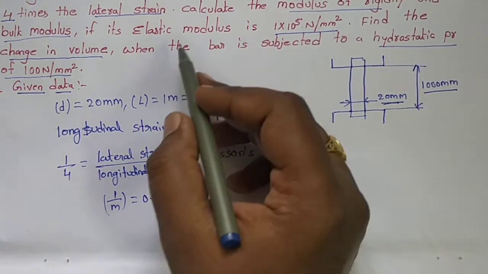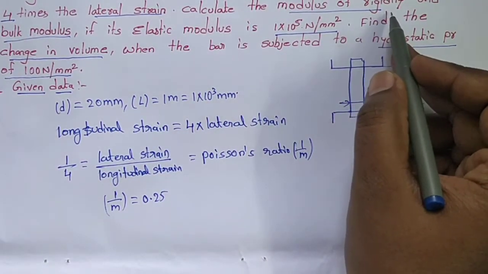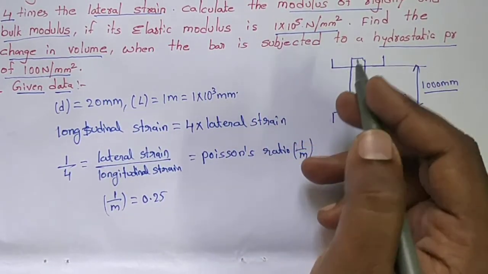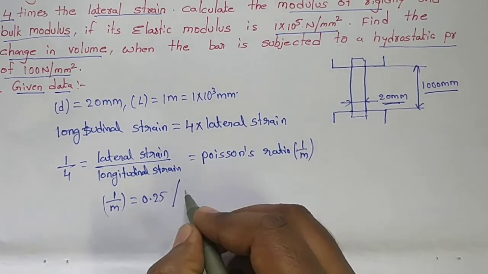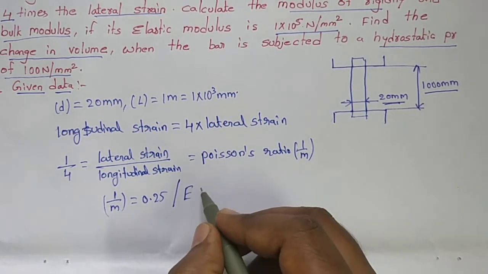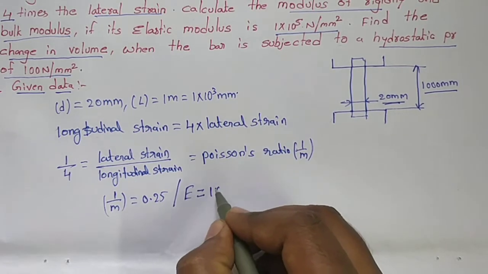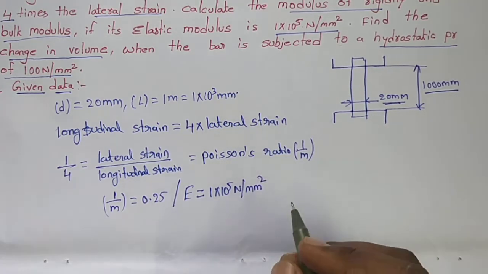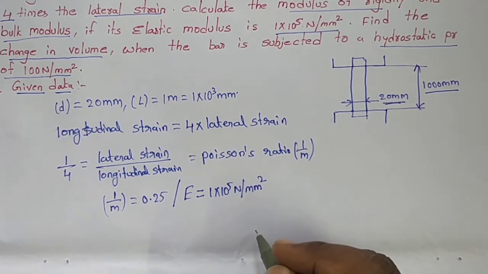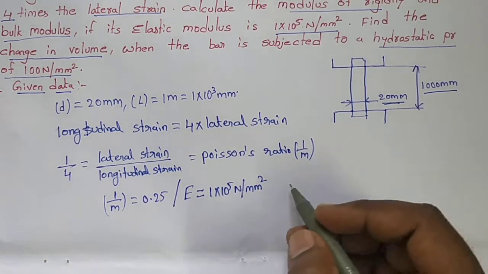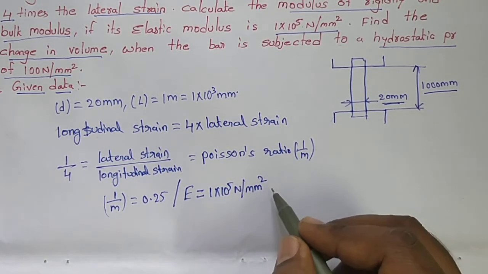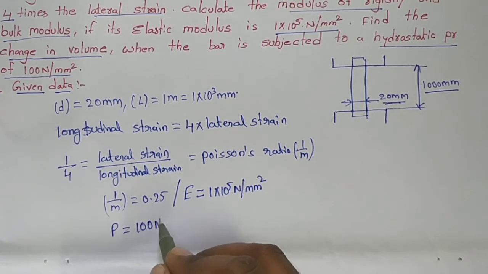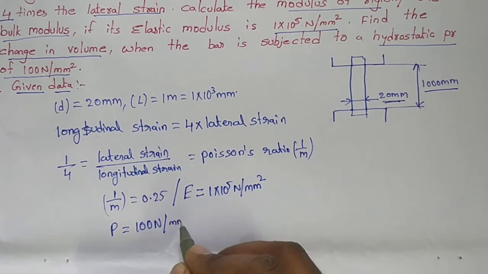Next, we need to calculate the modulus of rigidity and bulk modulus. They gave one more piece of data, that is elastic modulus, which equals 1 into 10 power 5 Newton per millimeter square. Next, the bar is subjected to a hydrostatic pressure, that is the pressure on the bar is 100 Newton per millimeter square.